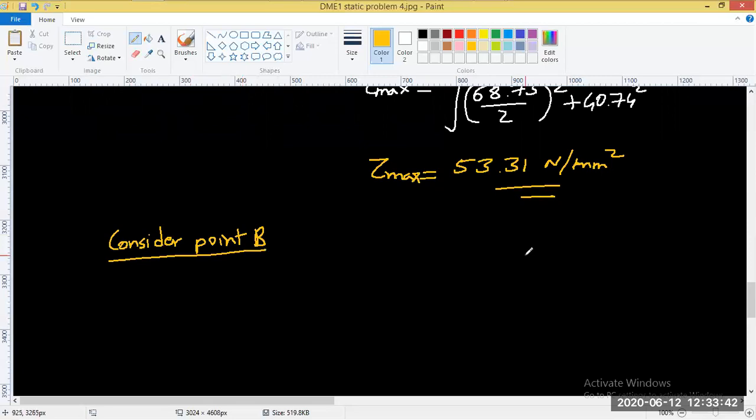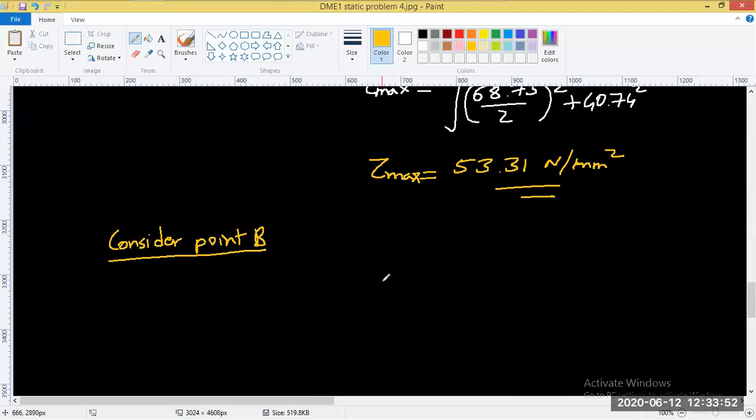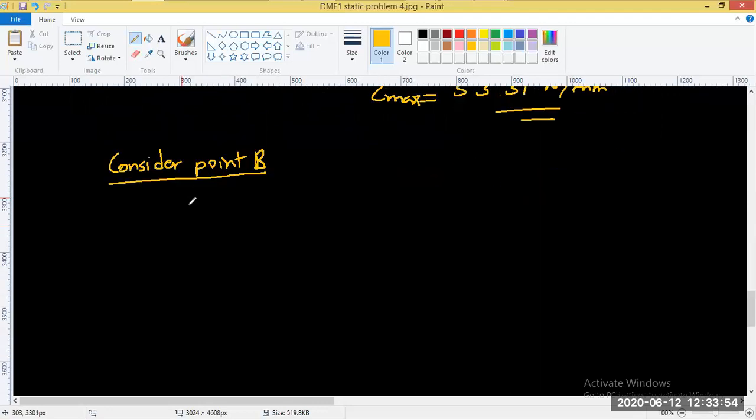So now point B, you see here, is subjected to a compressive load. It is not tensile, it is compressive. So this will become negative. So now my value of combined stress, sigma, will be sigma A, that is axial, minus sigma B, that is bending. So axial minus bending force.